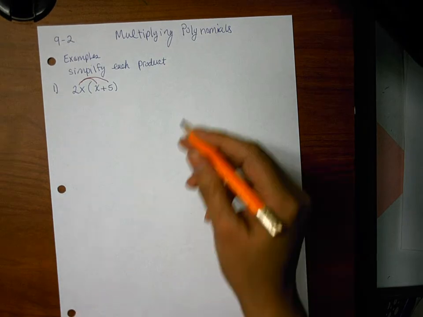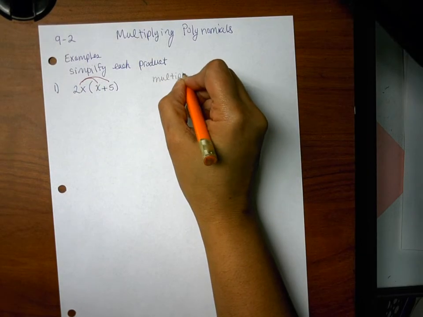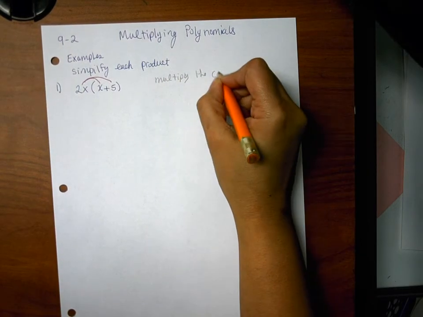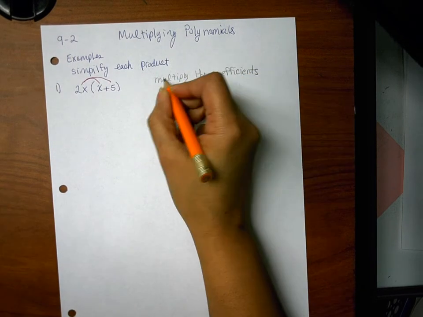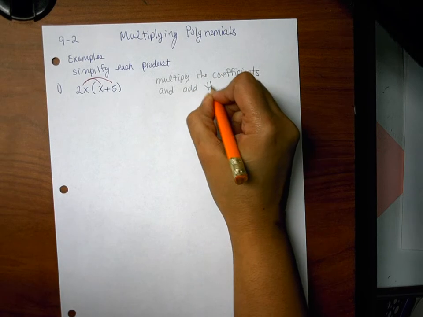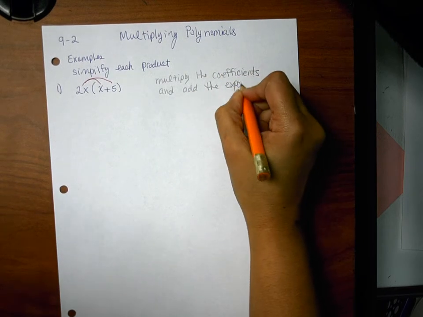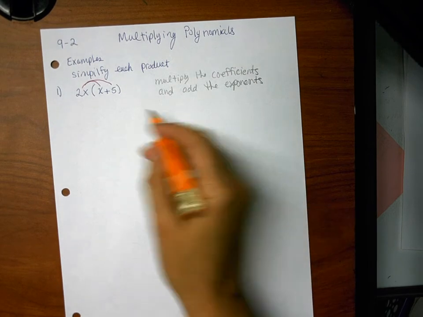And when you do that, you multiply the coefficients and add the exponents. Just like we've done in our previous unit, only now we're doing it multiple times.